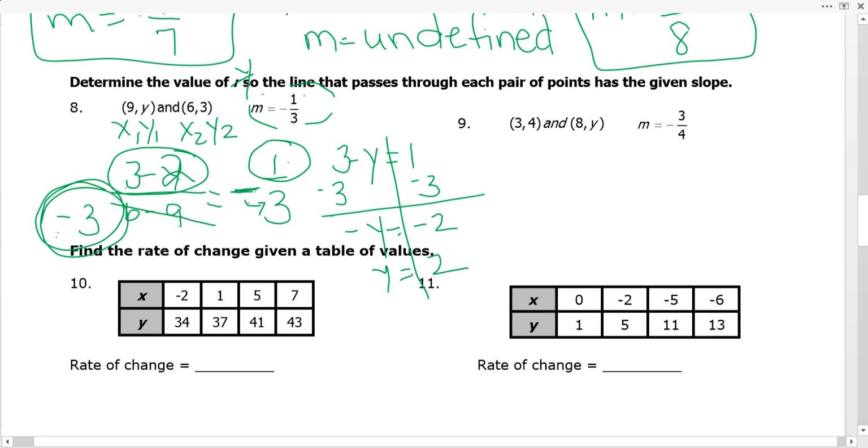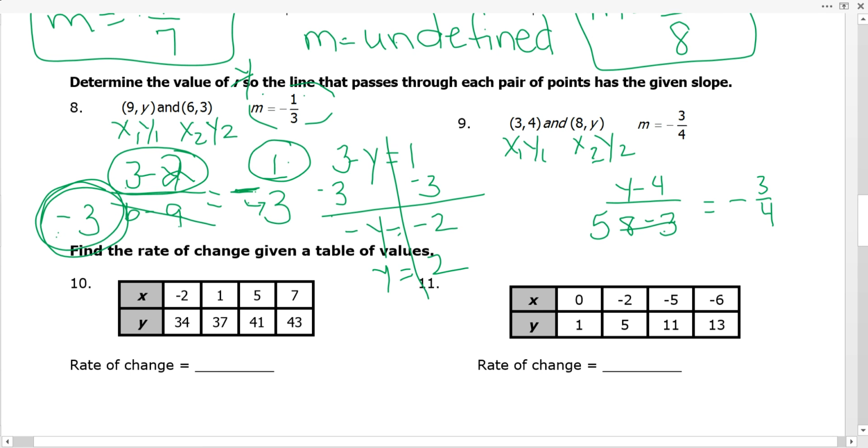Okay, number 9, of course, isn't going to be so easy. So let's do x1, y1, x2, y2. Here's our slope, negative 3/4. And I'm going to have y minus 4 over 8 minus 3. And since 8 minus 3 is 5, it's not equal to 4, I'm going to cross multiply.